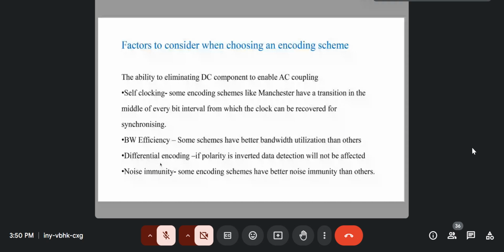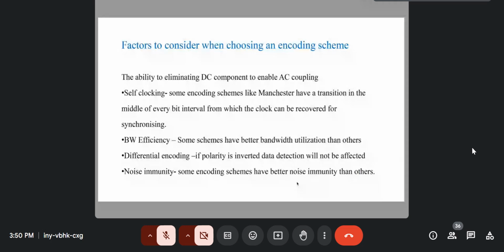Noise immunity, of course: some encoding schemes have better noise immunity than others. Obviously, anything that relies on the absolute value of the signal has less immunity against noise, because noise is additive.